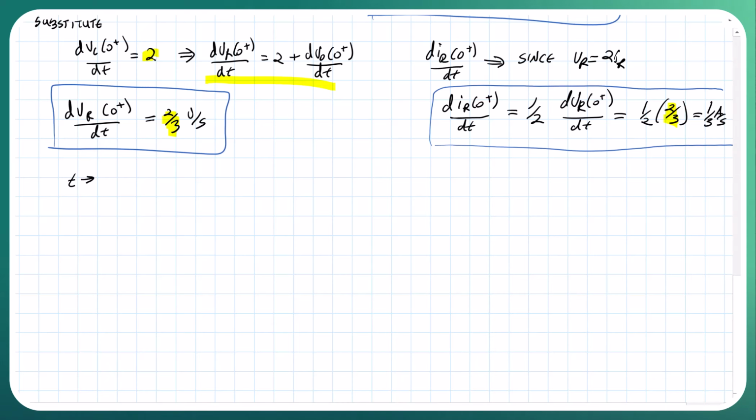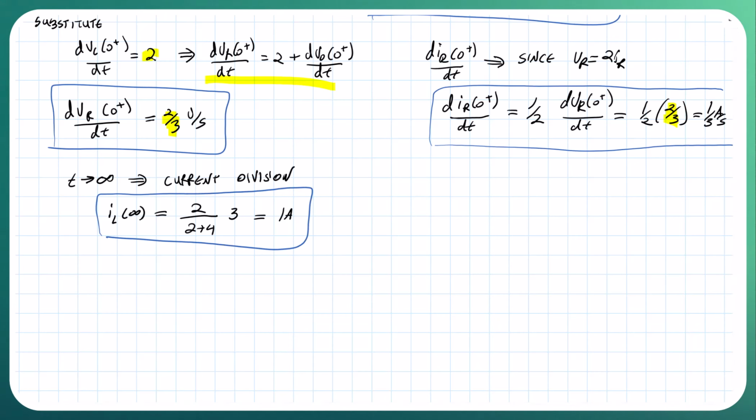So let's look at as t goes to infinity. We're going to do the current division on that circuit, and we'll find that IL at infinity is going to equal 2 over 2 plus 4 times that 3 amp current, which is going to give us 1 amp. So that's one value there.